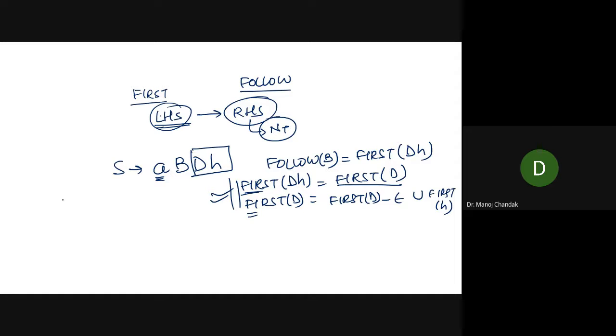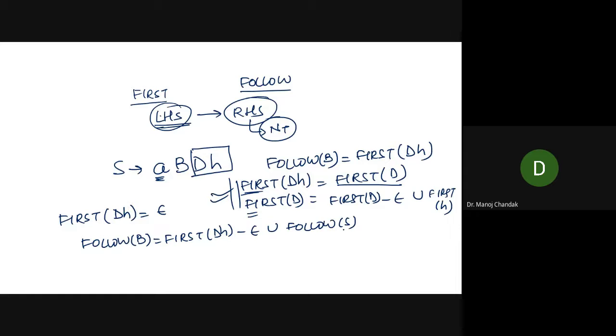Okay, but if after computing first of DH it still contains epsilon, then you will write follow of B equal to first of DH minus epsilon union follow of S, which is your start symbol.